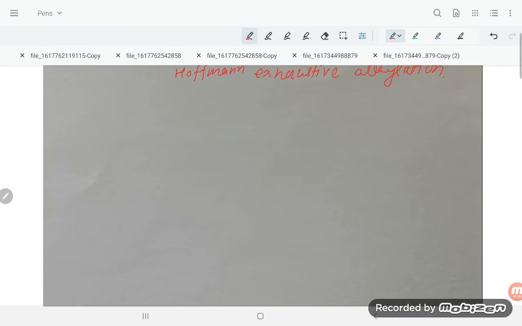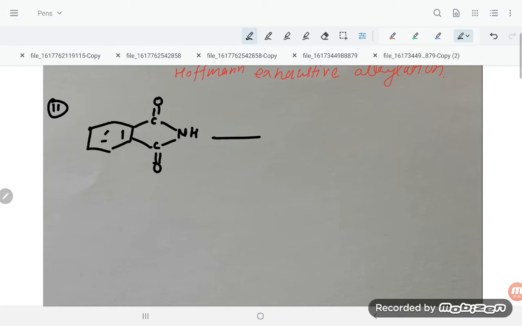The next method, students, is known as Gabriel phthalimide synthesis. So dear students, let us try to understand the Gabriel phthalimide synthesis. Here is C=O, here is C=O, and this is the NH. We are treating it with KOH, dear students.